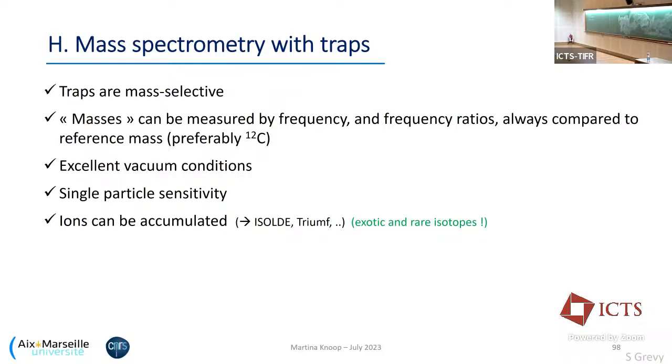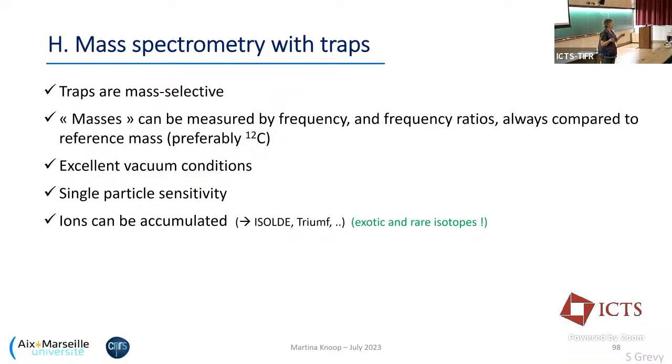I think there have been quite a few talks about optical spectroscopy in different forms during this week. There have been things about clocks and things like that, but mass spectrometry is something which is maybe even more present in our everyday life than optical spectroscopy, because mass spectrometry is used in a number of experiments and also applications.